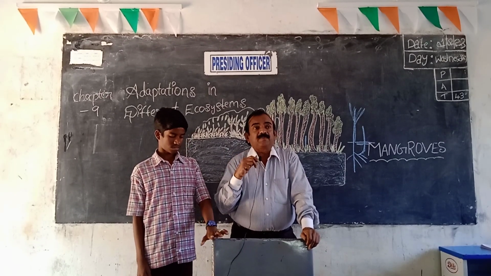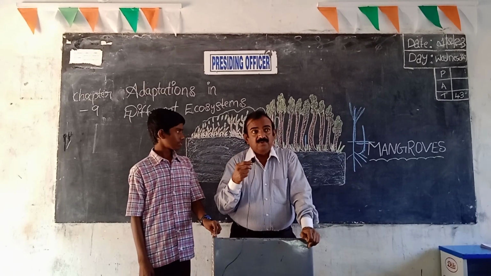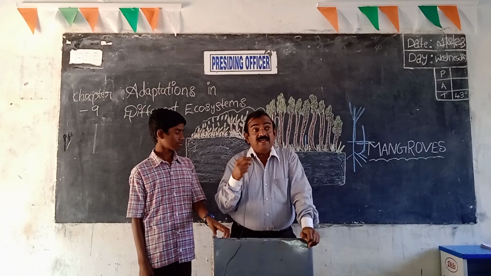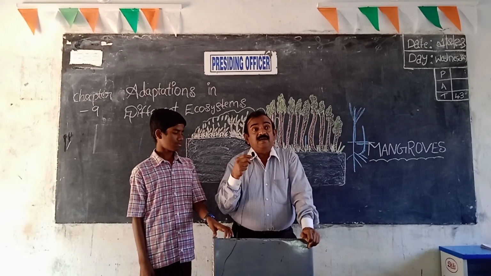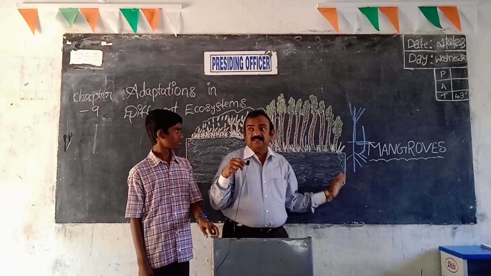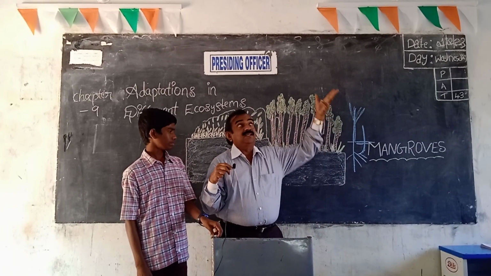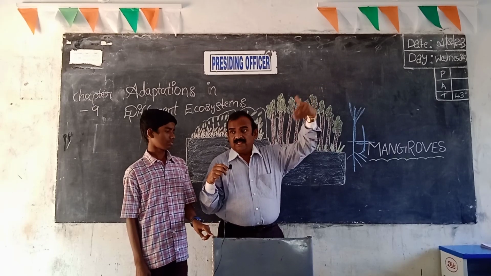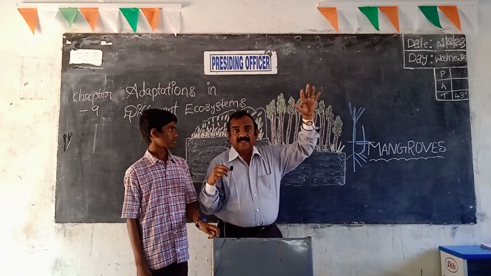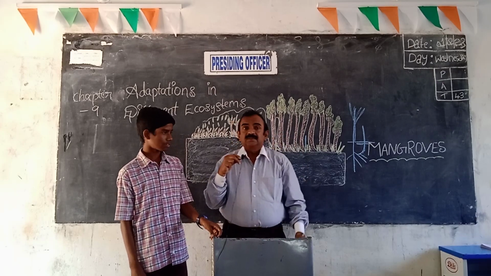These are called adaptations, and these adaptations make the plant adjust, live and survive. There are areas where sufficient air is not available, and these lateral roots grow upwards, become aerial, and breathe the oxygen that is present in the air. This way they perform respiration. Thank you, children.